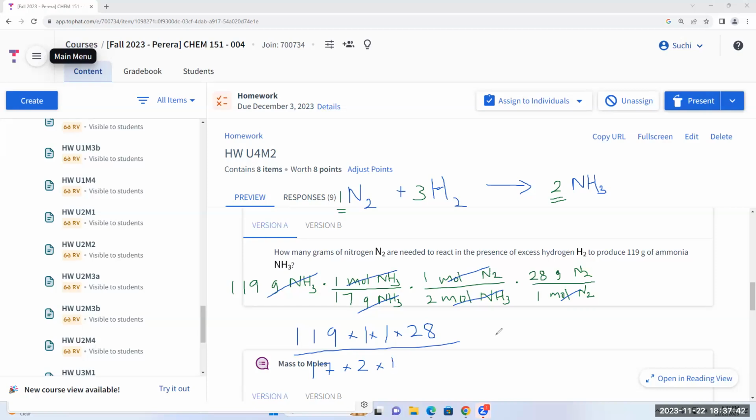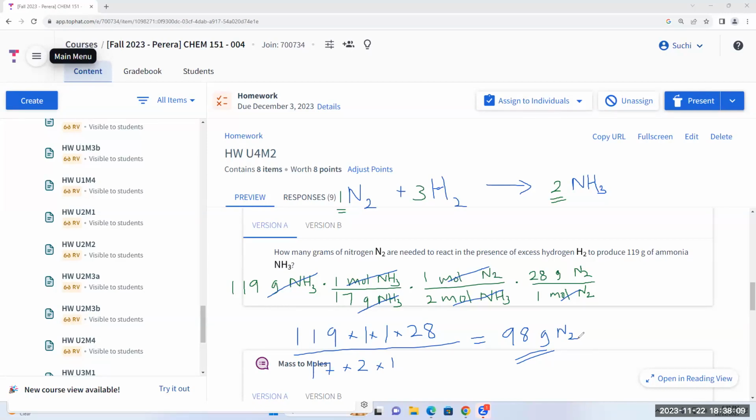Can somebody tell me what you get if you do this? 98. So you get 98 grams as your answer. That should be the mass of nitrogen we need to get 119 grams of ammonia.